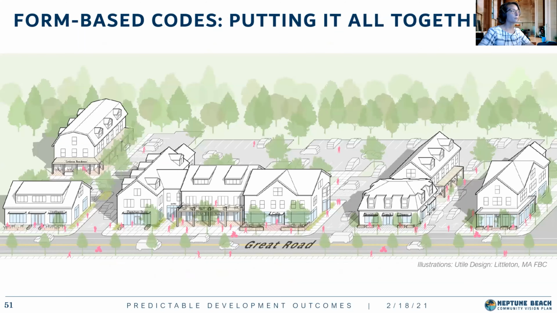And the end goal of putting all these regulations together is to get neighborhoods and places that feel cohesive, that feel natural, that really encourage walkability and bikeability, and comfortable places for people to be and walk, and great places for people to have businesses that are attractive and successful as well.